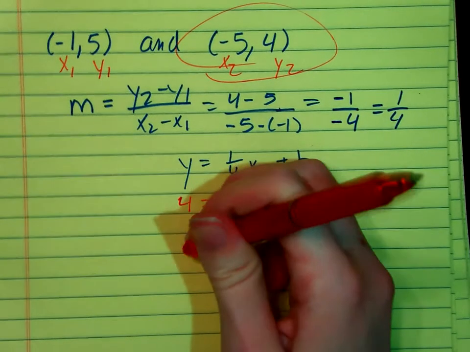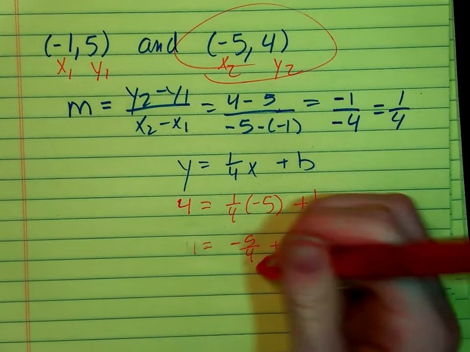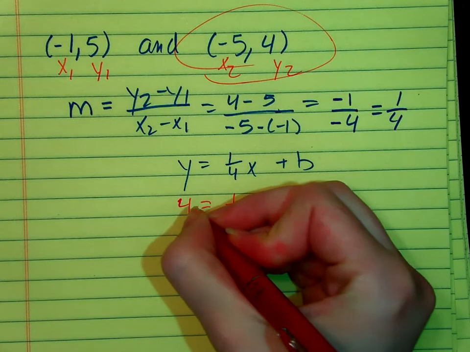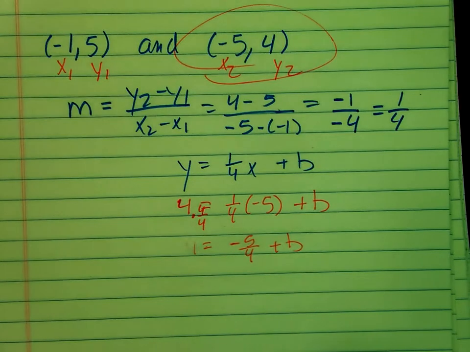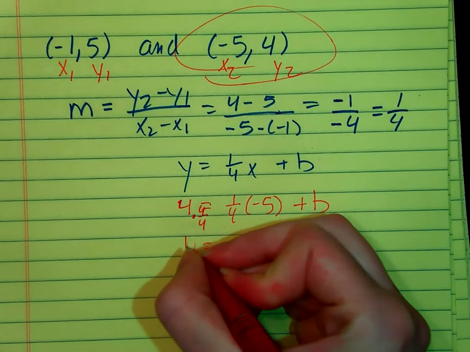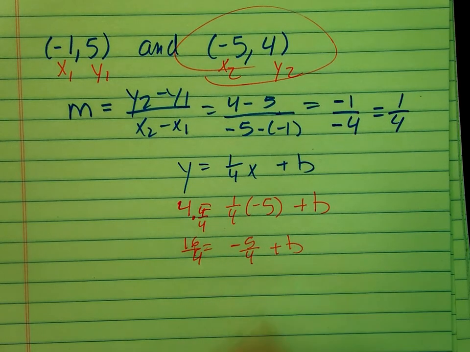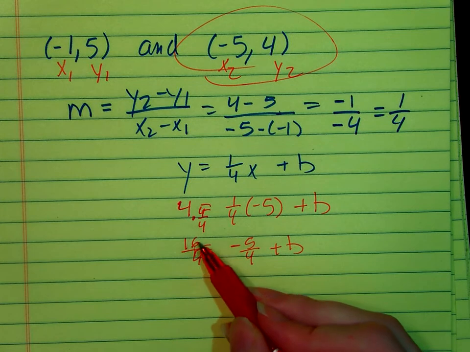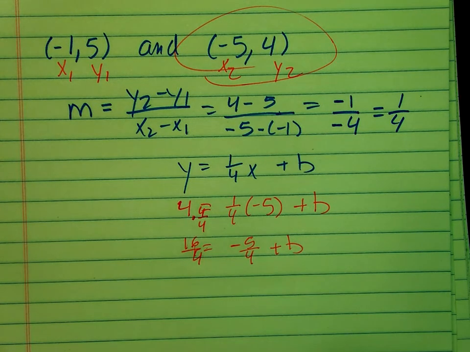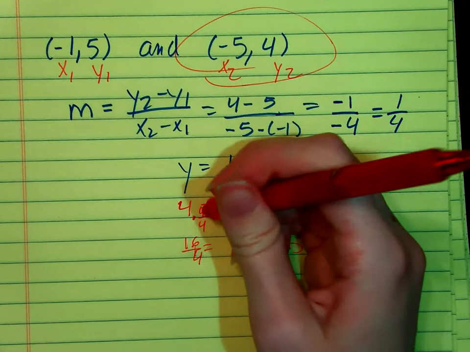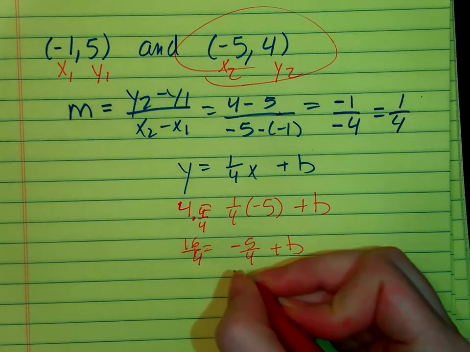Now again, I already know I'm going to want to start working in fourths. So I multiply by 4 over 4, and then I get 16/4 equals negative 5/4 plus b. 16 divided by 4 is the same thing as 4. We just multiplied by 4 over 4 to get there.